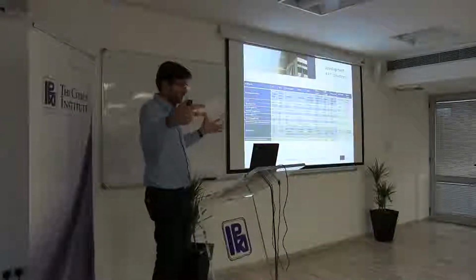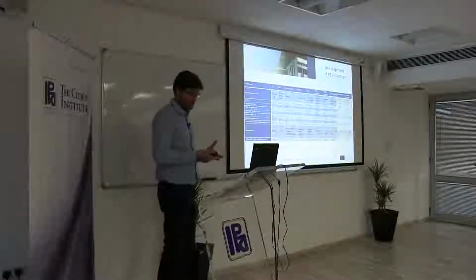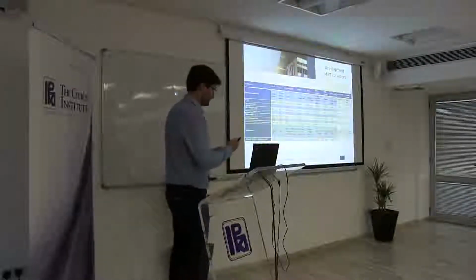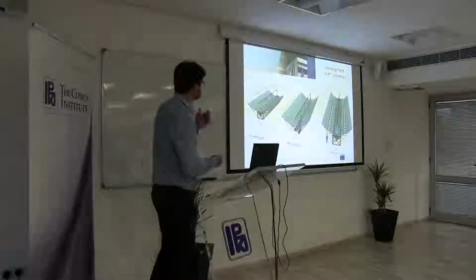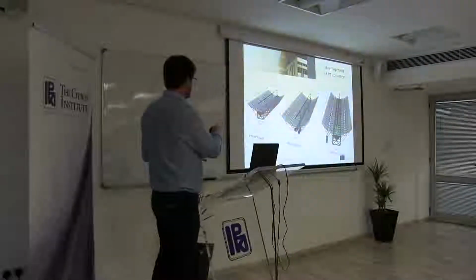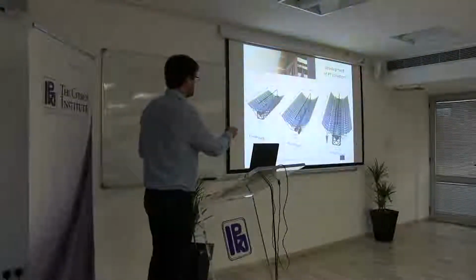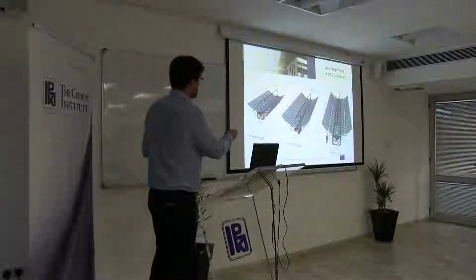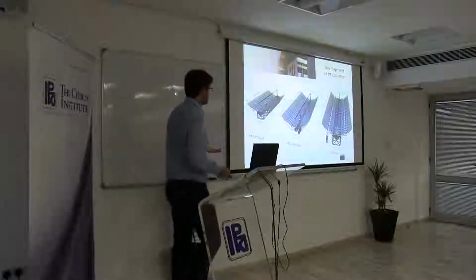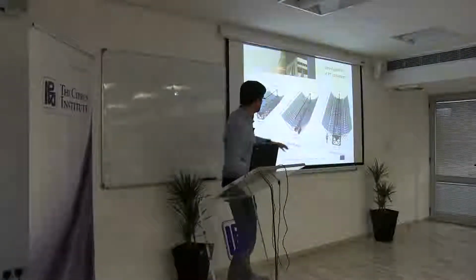Go larger to make economies of scale. So Eurotrough at the beginning of the 90s, and now at the end of the 2000s, Ultimate Trough. You can see the size has increased.